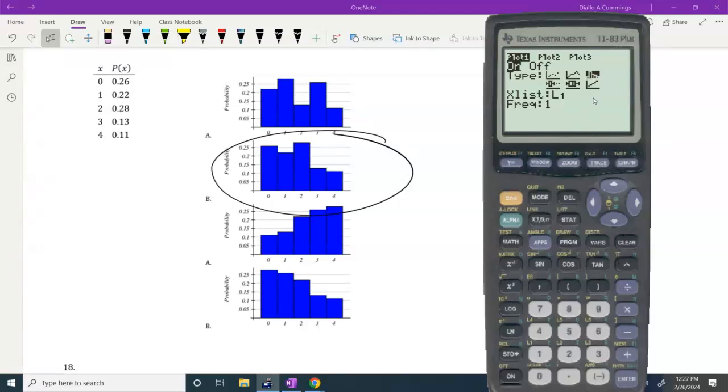I highlighted that. X list is list 1. Frequency, I believe, would be list 2. And then if I go into zoom stats, I thought it would.